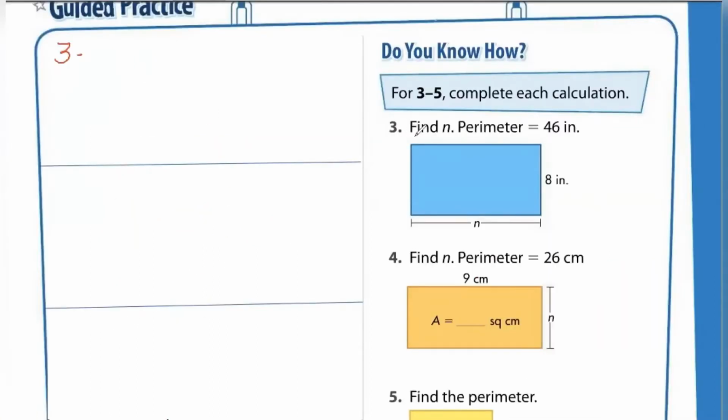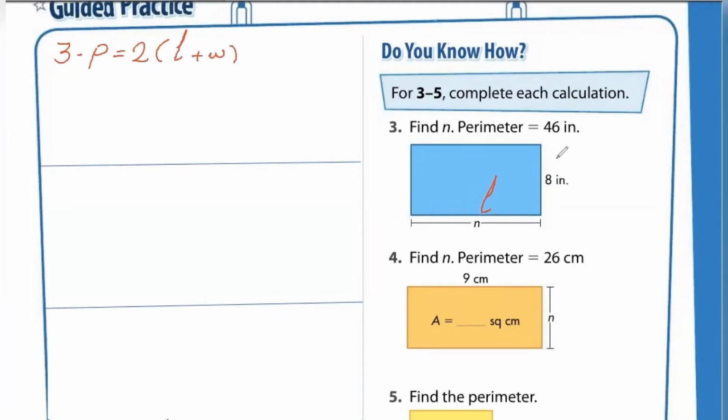Number 3, find n when the perimeter equals 46 inches. Here we have a rectangle and in the unknown length, the long side, it will be the length. Now, teacher, we know the formula of perimeter equals 2 times, I will open parentheses and add length plus width.